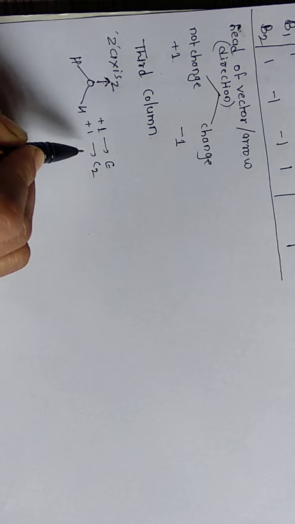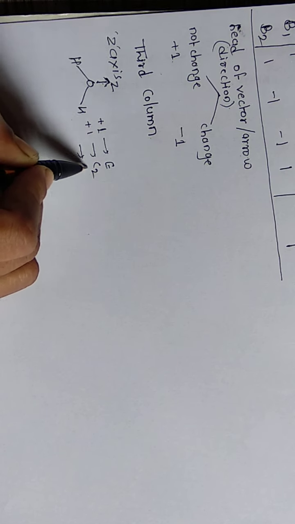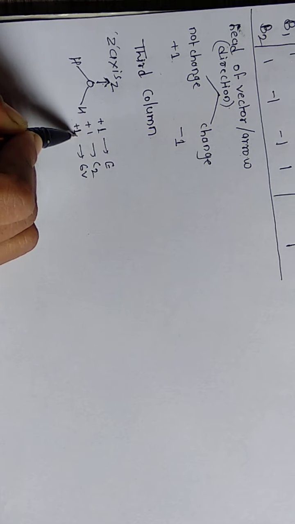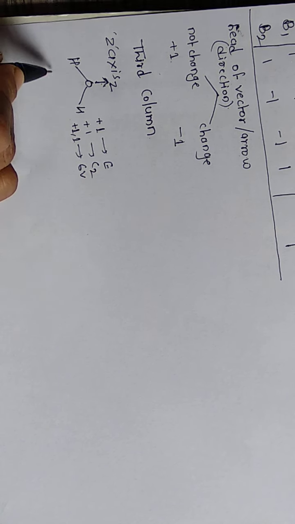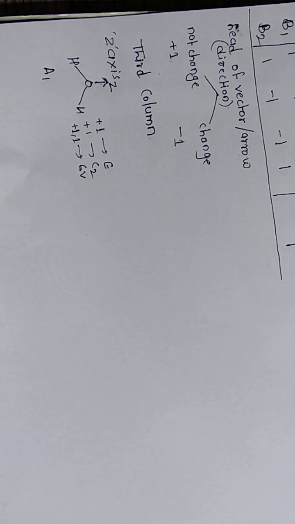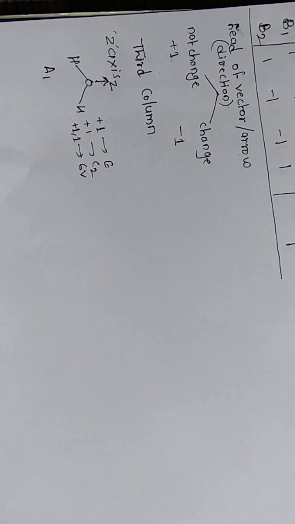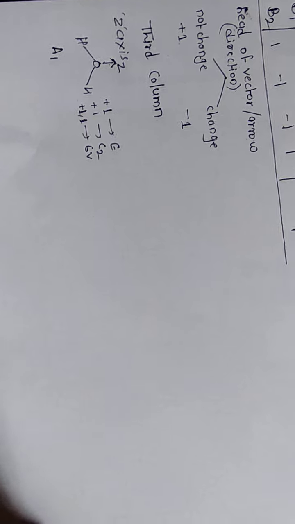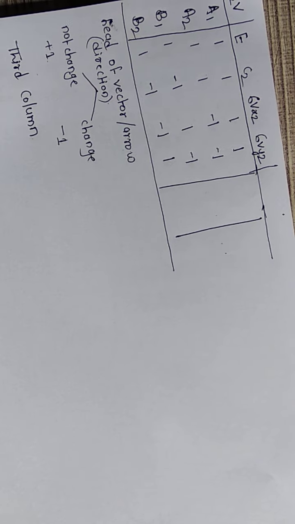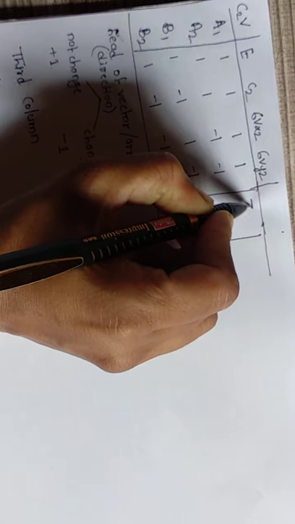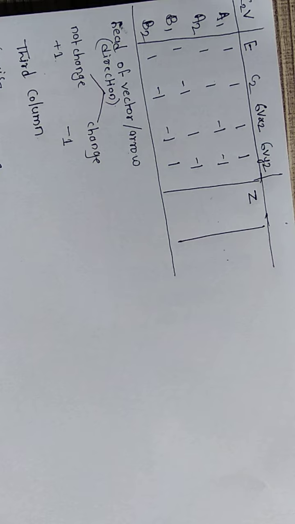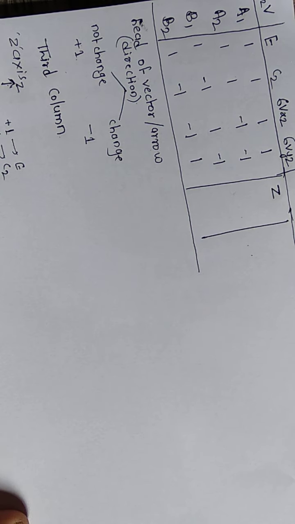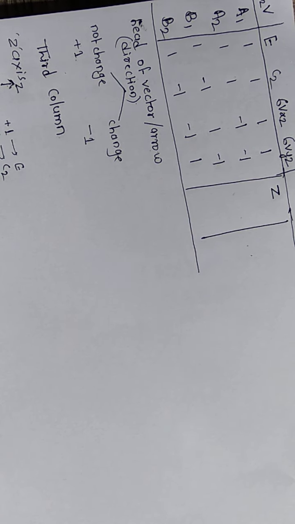For sigma v xz and sigma v yz it is also not changed, that is +1 and +1. All are +1, so the vector z belongs to the A1 group. The Cartesian coordinate for A1 is z. This is for the vector along the z axis.